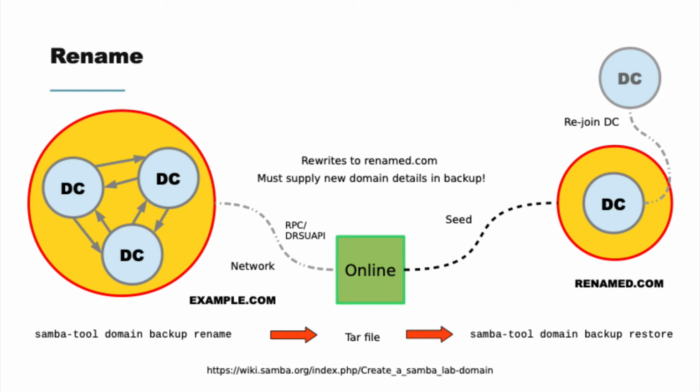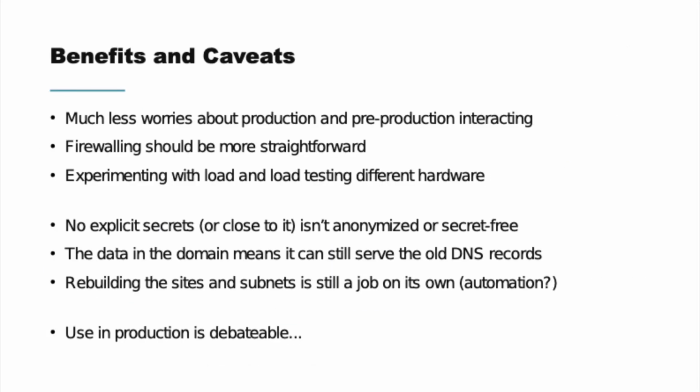Using that, you can create a completely new domain and a test network using the same process, and have something to play around with that doesn't interfere with your existing network. You don't have to deal with firewalling issues. It's a good way to experiment with load and load testing.